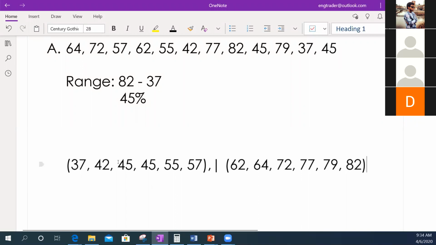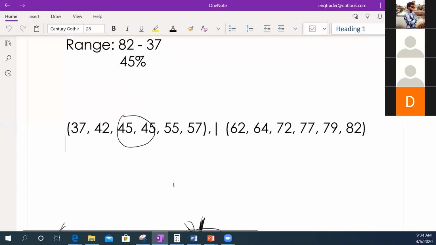And as Davisha was saying, we find the two center numbers, since in this case it's even. So we'll say 45 and 45. If we add 45 and 45 and divide it by 2, we get 45. We're just finding the average of the two. So the lower quartile is equal to 45.